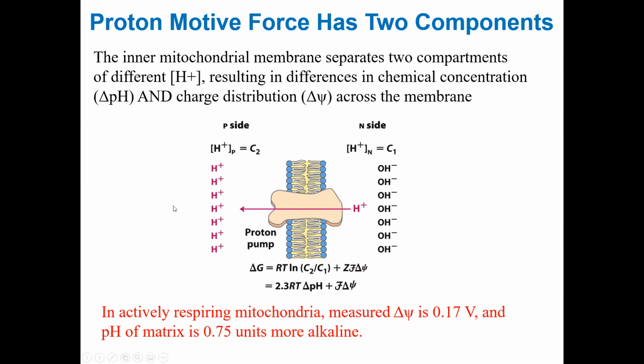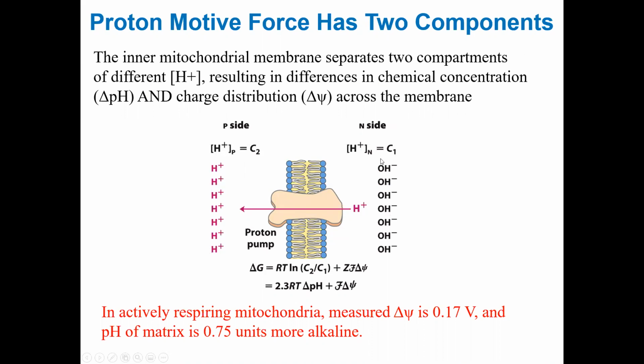They're not showing you the outer mitochondrial membrane here on the left, but they are showing you the inner mitochondrial membrane, right? So this inner mitochondrial membrane separates the two compartments where you have different concentrations of proton, right? C2 concentration, as shown here on the P side, and C1 concentration on the N side.